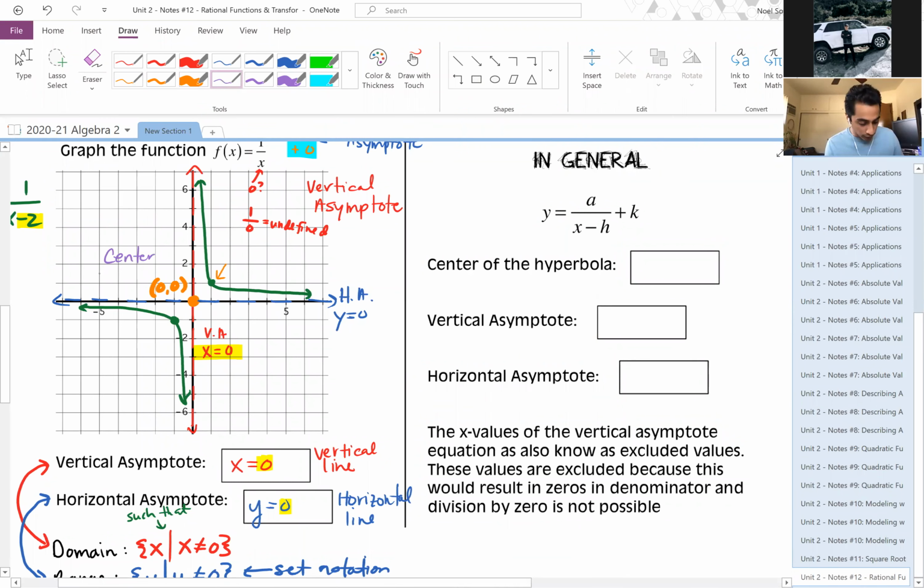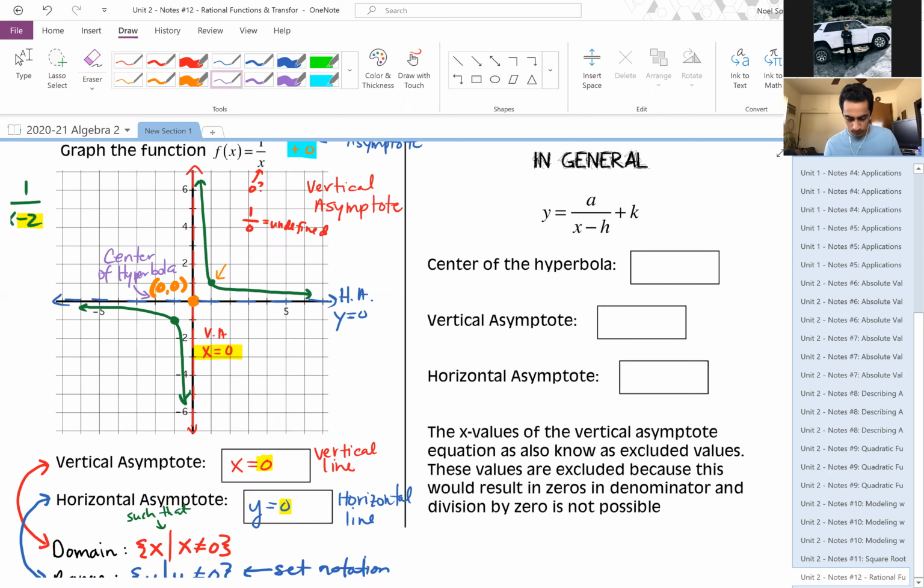We're talking about the point 0, 0 because that's where the asymptotes intersect each other. Am I going to ask where the asymptotes intersect?